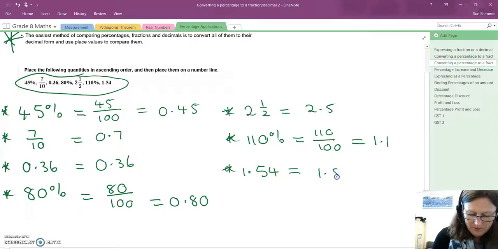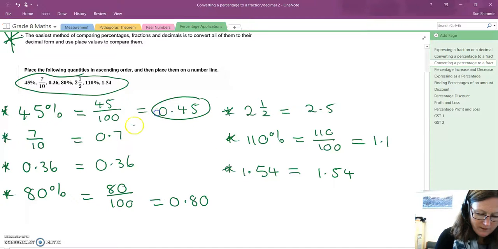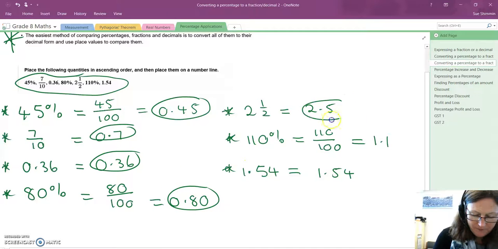And the last number is already a decimal. So now we have them all in decimal form, which I'm just circling now.